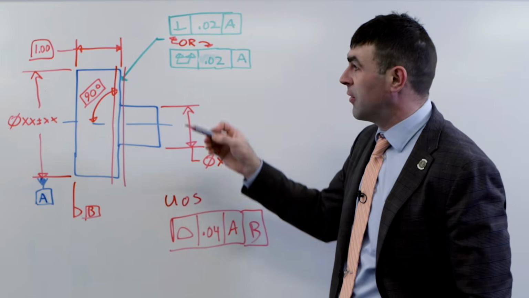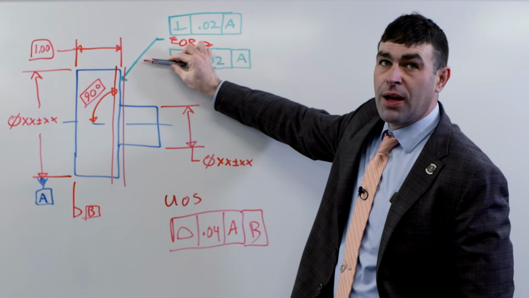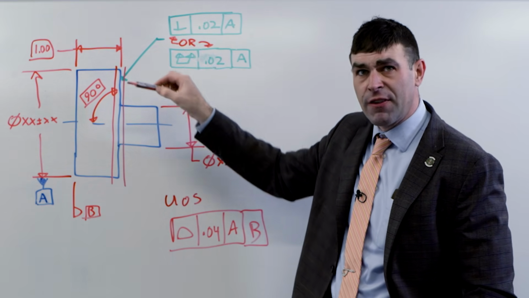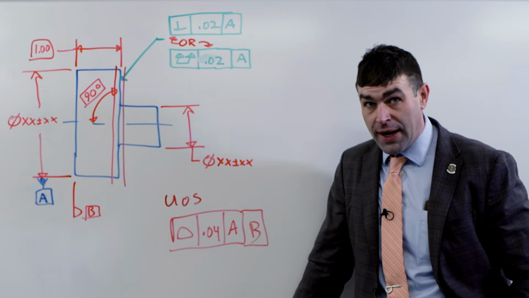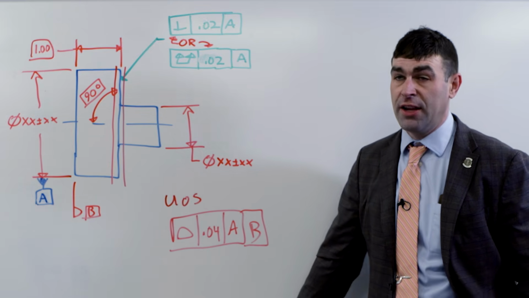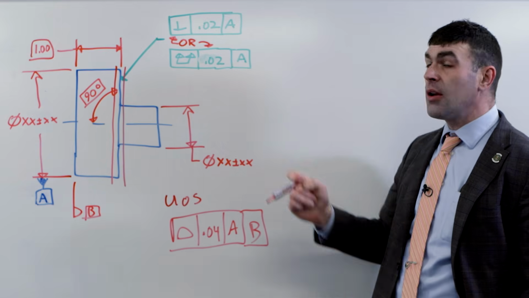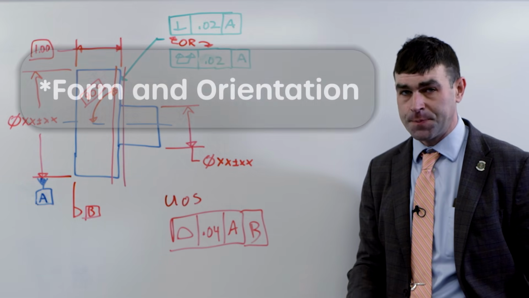Measuring location would mean you zero it at datum B or somewhere else, and then you come back out a specified distance, and then any variation on your indicator would tell you the location. So runout, in the classic form, does not control location. So here, this works just fine. We have a profile controlling the location. Runout is going to be controlling the form.